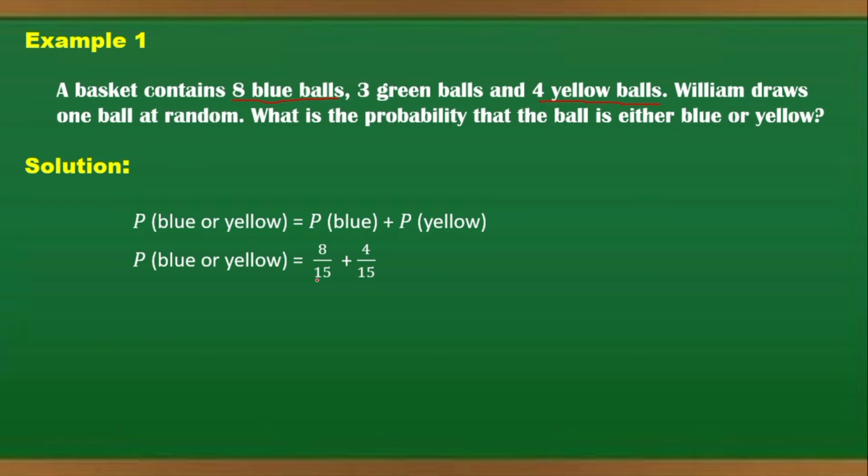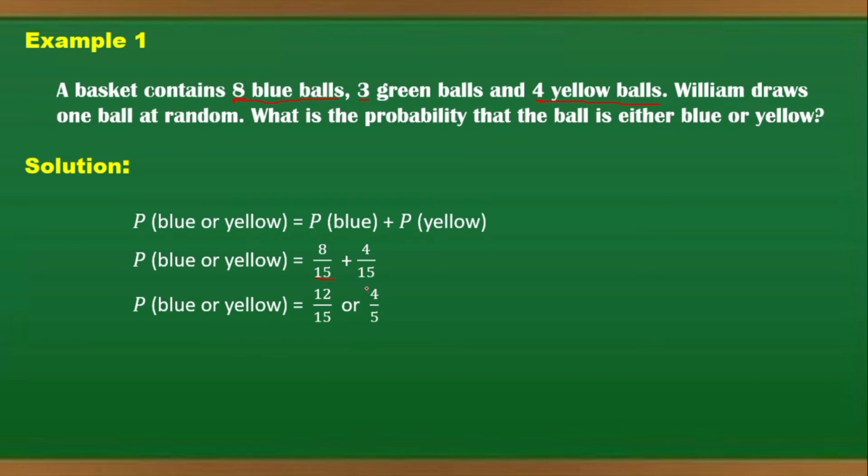We get the denominator 15 because we add 8, 3, and 4, and it will give us an answer of 15. Now, let's add numerator to numerator and just copy our denominator. Probability of blue or yellow is equal to 12 over 15 or 4 over 5.